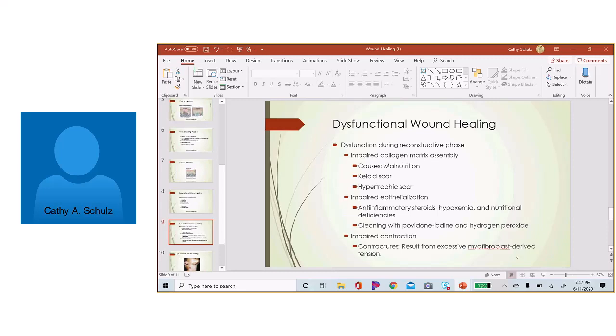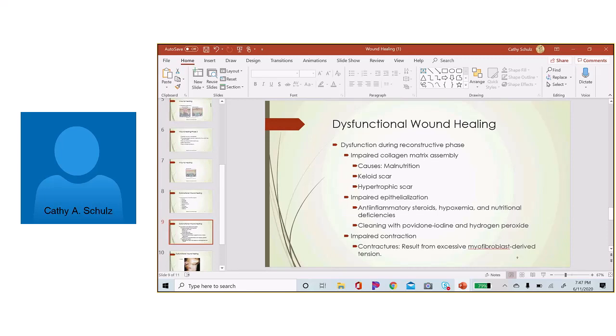So dysfunction during reconstruction is when you're trying to get that collagen together and sort of bringing it in and then relaxing it and bringing it in and then relaxing it. Sometimes it doesn't work because they don't have enough protein, so they can't make the collagen. But sometimes the exuberant response, and this can be genetic, is that they're making too much of it.